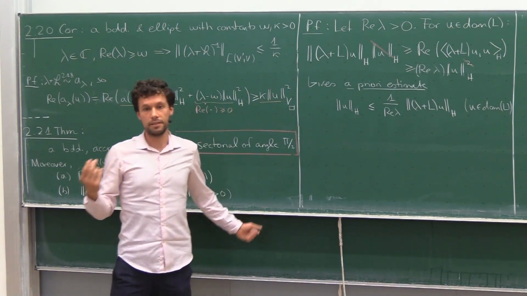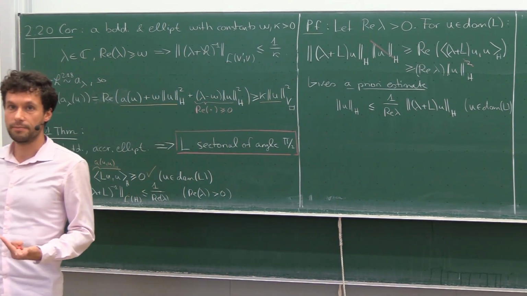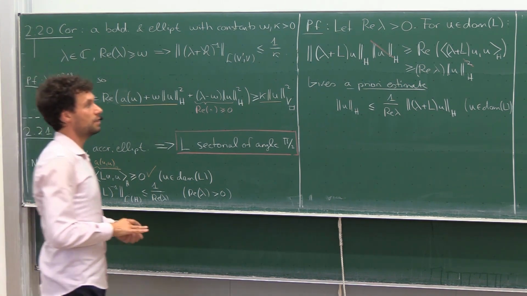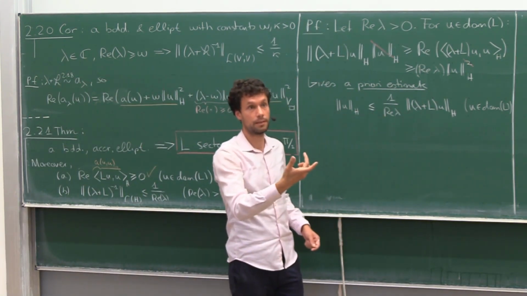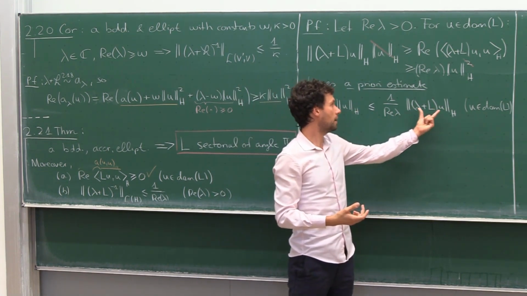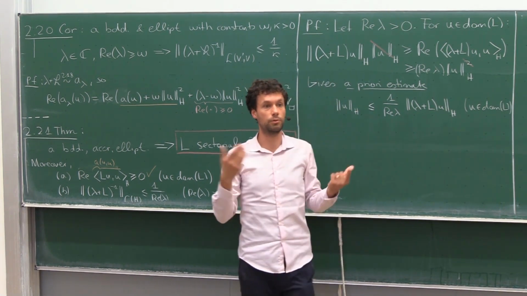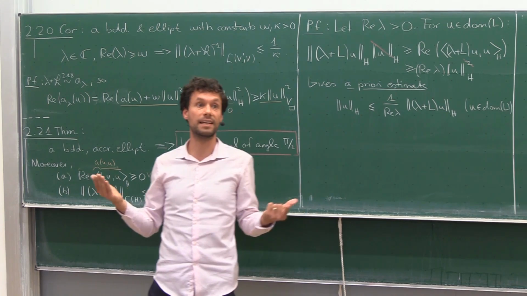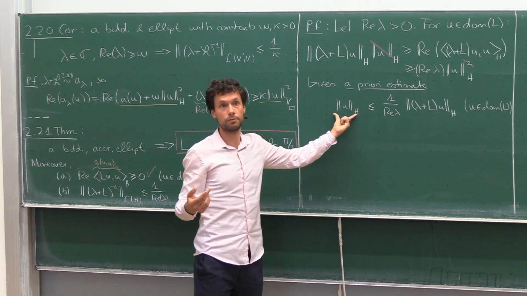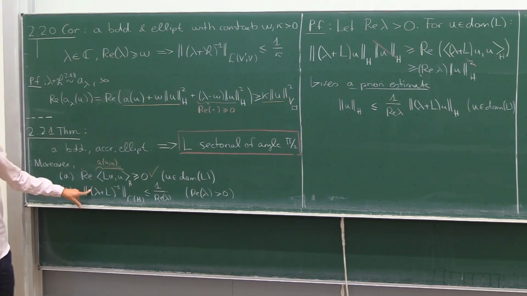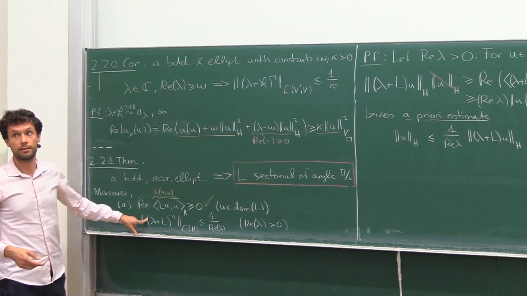Right. The reason why I call this an a priori estimate is because if I would know that this operator would be invertible, then I could apply this inequality to an element of the form lambda plus L inverse of something, and then this would turn out into a beautiful resolvent estimate, namely precisely this one. Okay?